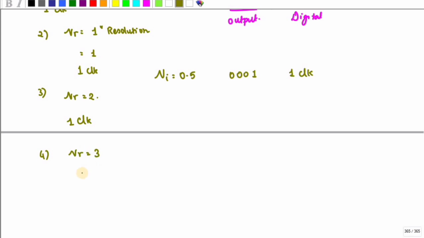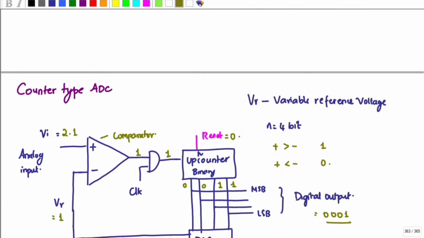So the AND gate goes to 0. Okay, so the AND gate goes to 0. So there is no use in applying the clock pulse, right?